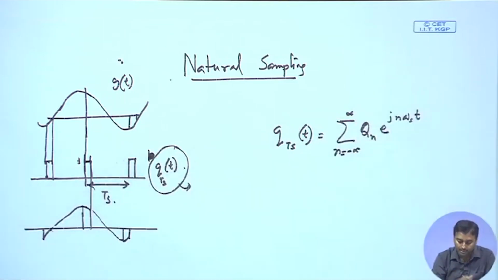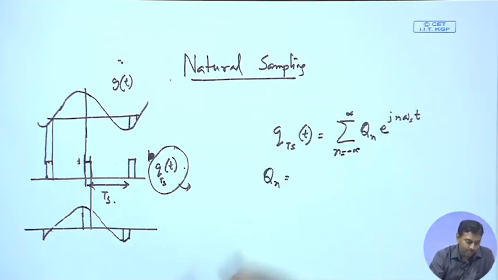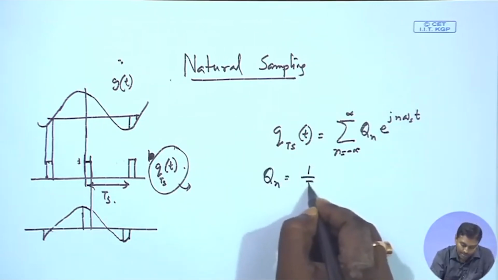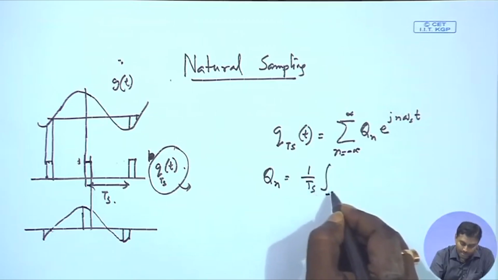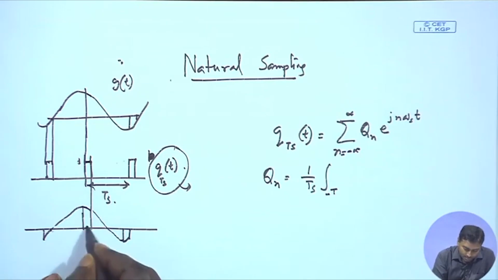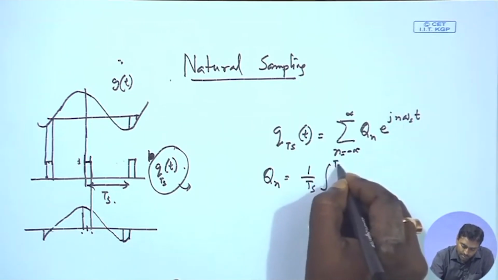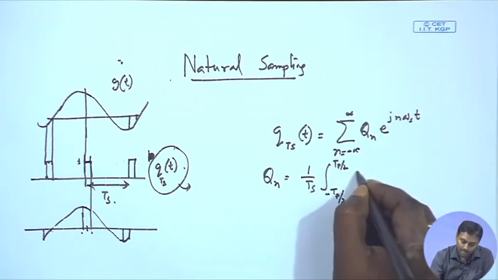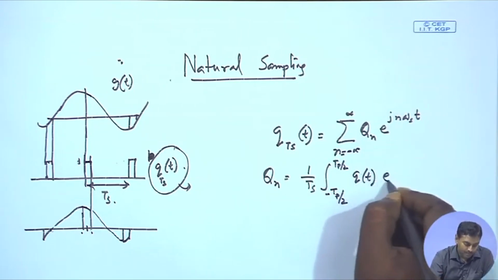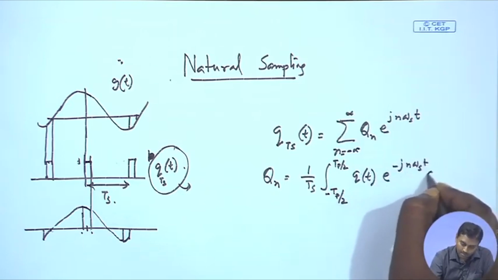So, we will get this, where q_n is calculated as 1 by T_s times the integral of the pulse. If this is the pulse from minus T_p by 2 to plus T_p by 2, it is defined as q(t) e to the power minus j n omega_s t dt.